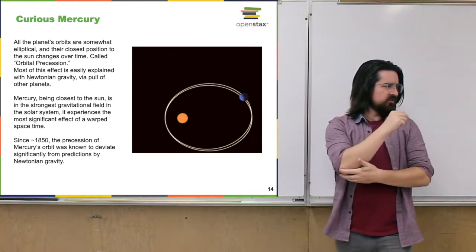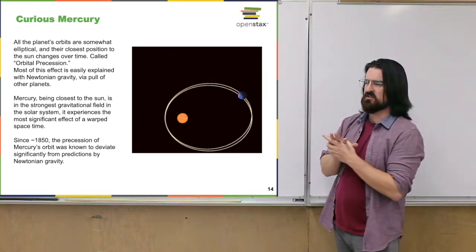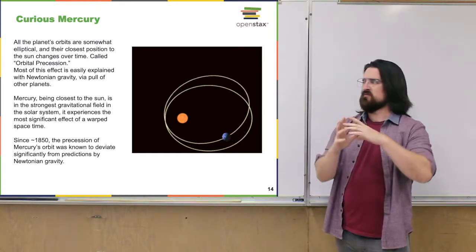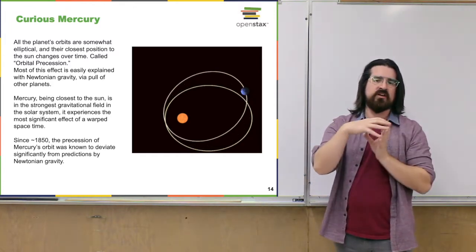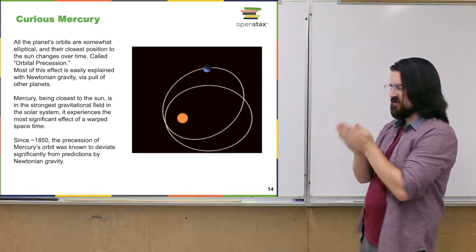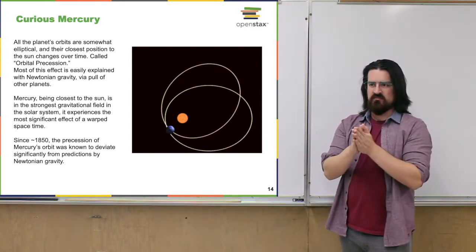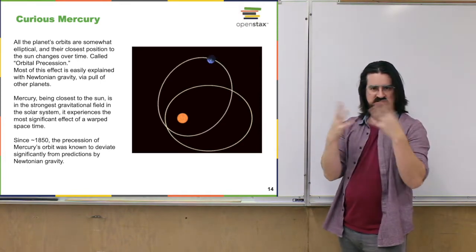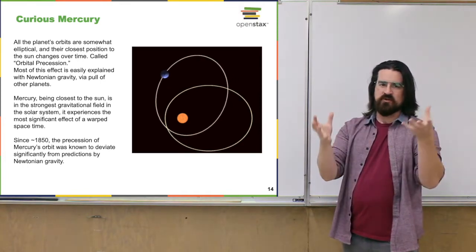It turns out that Mercury's orbit is not as easily explained by just thinking about its precession being due to the pull from the other planets. Mercury is the nearest planet to the Sun, meaning it experiences the strongest gravitational field in the solar system. The Sun is the strongest gravitational field around, and Mercury is closest to it.